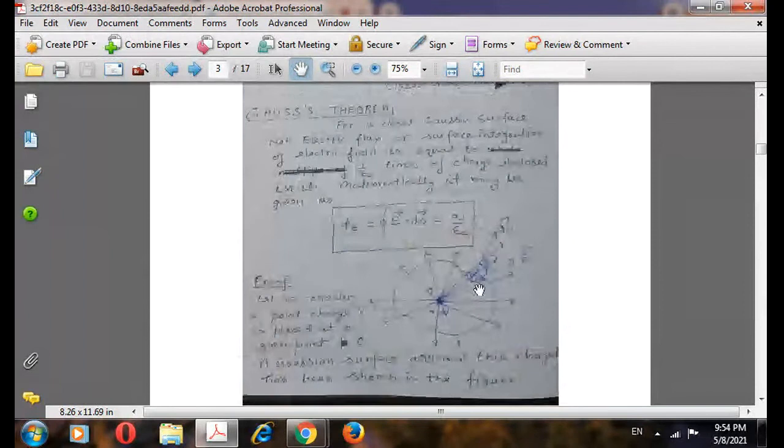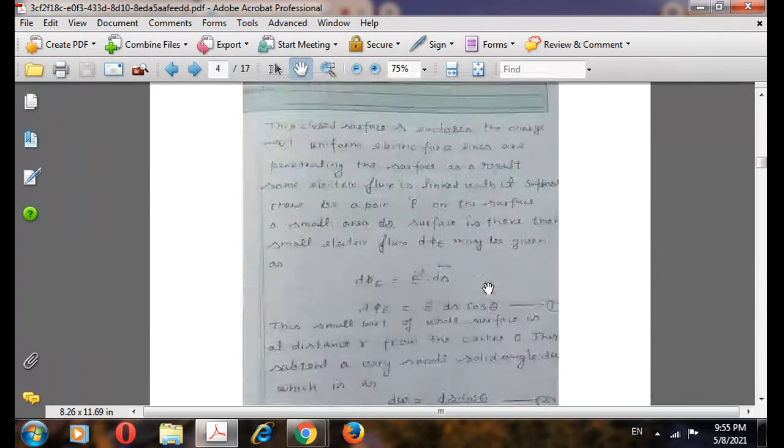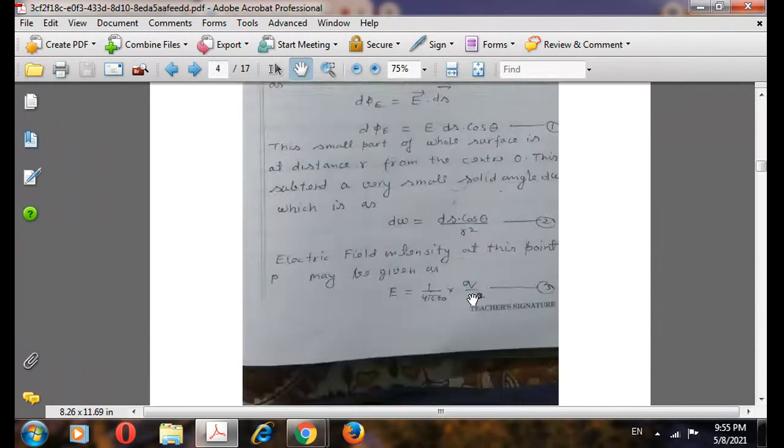Again, look here in the figure, ds cos theta is the surface area, upon r square. It shows the small angle subtended by this small part of the surface, which is given by d omega. Now, you know the electric field due to a point charge is given by 1 upon 4 pi epsilon naught q upon r square.